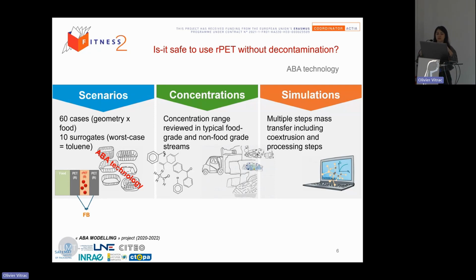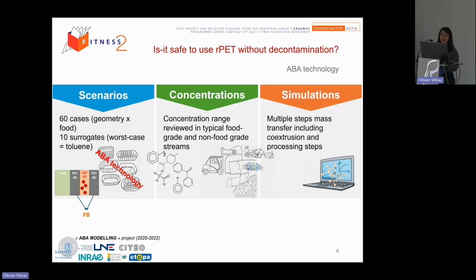If you followed the two presentations this morning, for PET we need to use a process approved by EFSA for food contact. Here maybe we have the process, but not all the processes have been approved by EFSA. So here we have rPET not compliant for food contact.